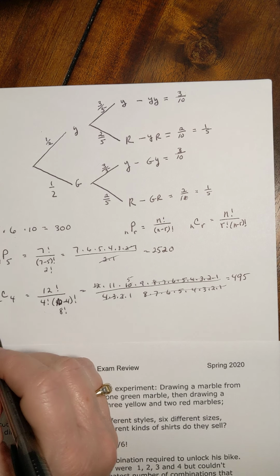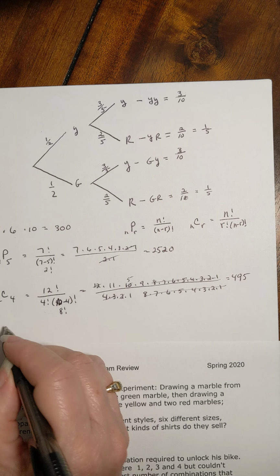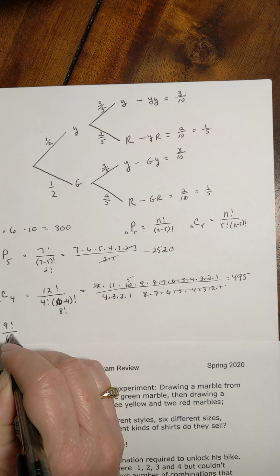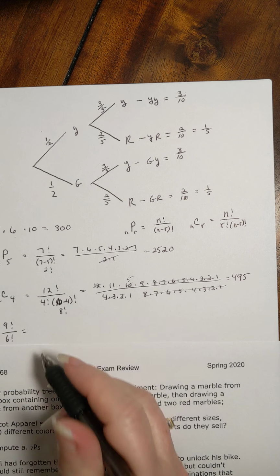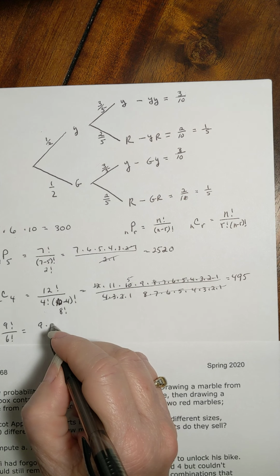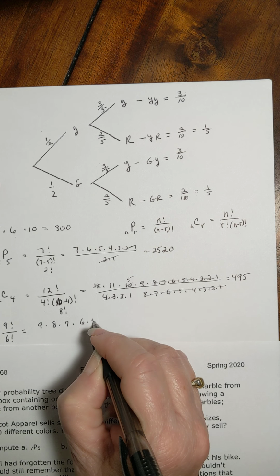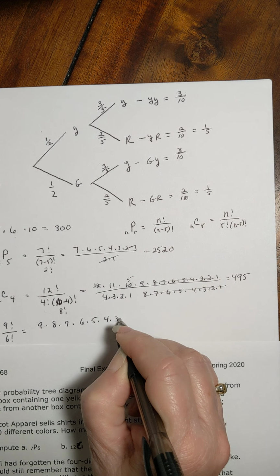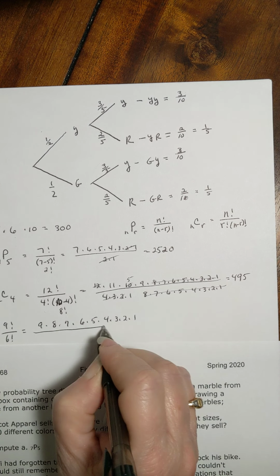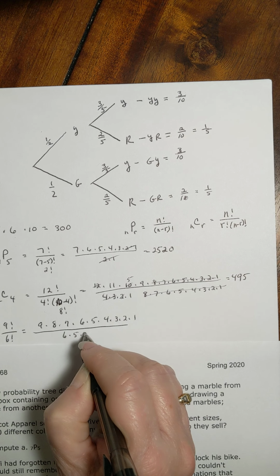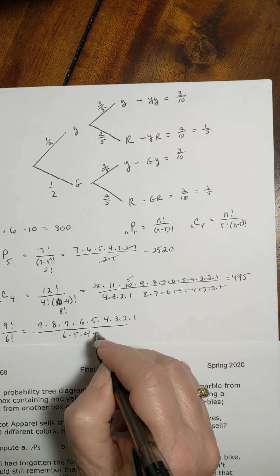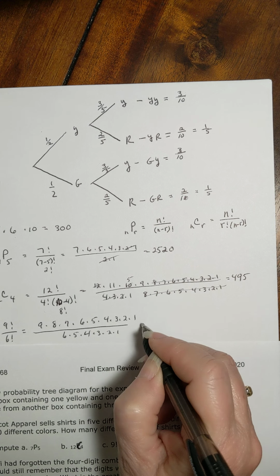And then finally, part C, 9 factorial over 6 factorial is equal to 9 times 8 times 7 times 6 times 5 times 4 times 3 times 2 times 1 over 6 times 5 times 4 times 3 times 2 times 1.